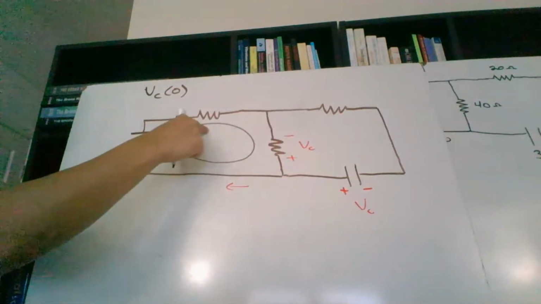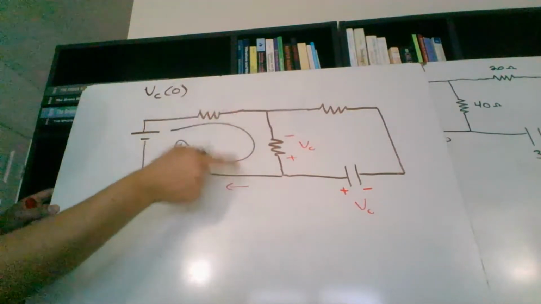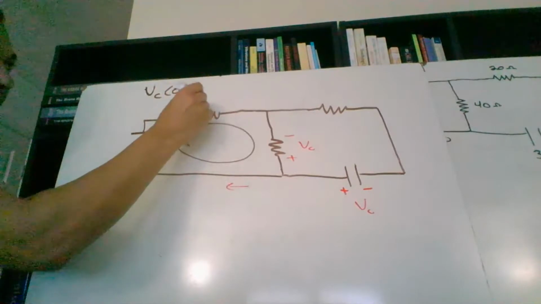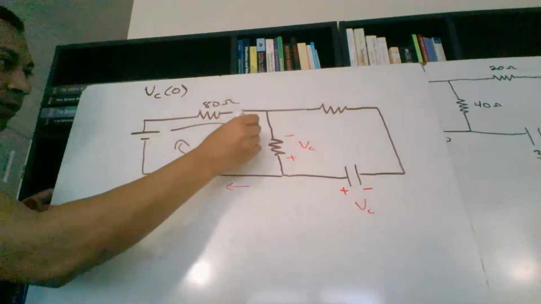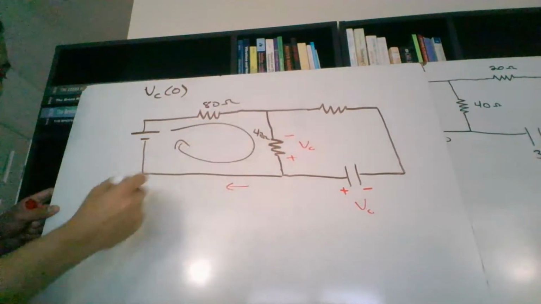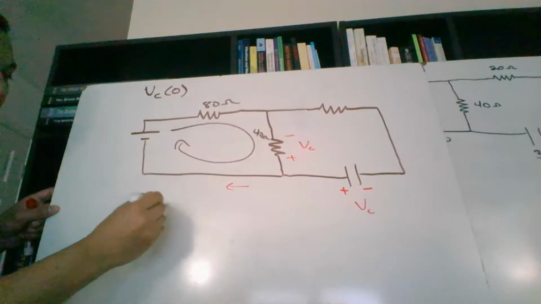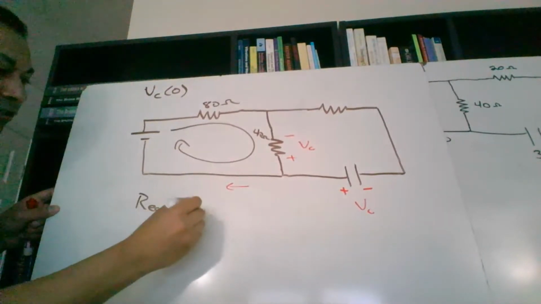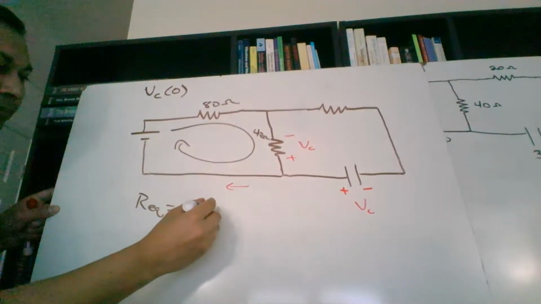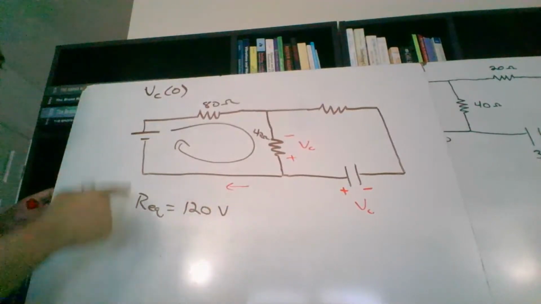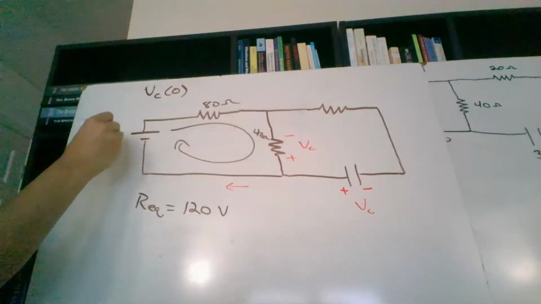So the first thing we need to do is figure out what the equivalent resistance between these two is. This is an 80 ohm resistor, and this was a 40 ohm resistor. So the equivalent resistance is equal to 120 ohms. And then we can figure out what the total current is.